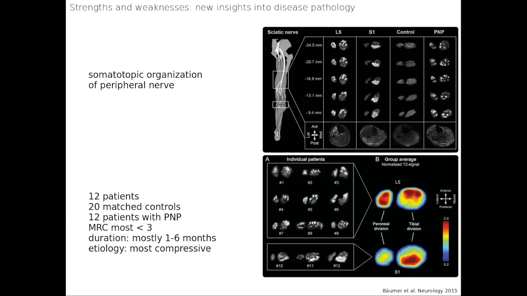A strength of aminography, especially if you use the high resolution 2D sequences, is that you can look at the somatotopic organization of the peripheral nerve, and this can also give you hints on the etiology.